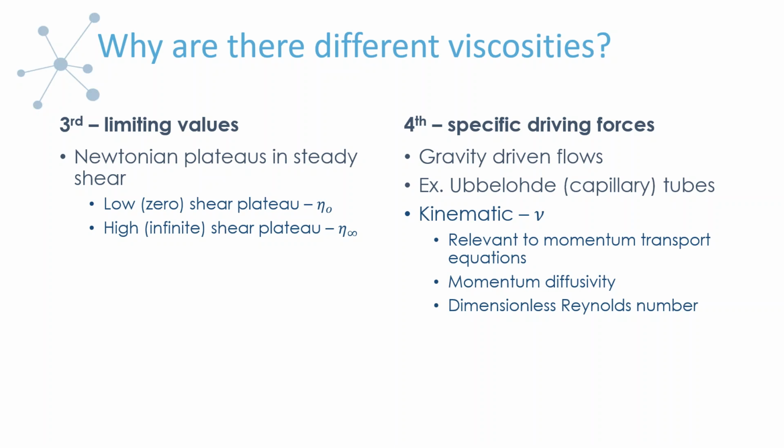They have these limiting values, these Newtonian plateaus that exist early on in the experiment at the lower rates, and then a Newtonian plateau again at the higher rates. In between is the shear thinning or non-Newtonian region. They've labeled these as the low or zero shear plateau and the high or infinite shear plateau. This will become more clear when we look at some data and discuss this moving forward.